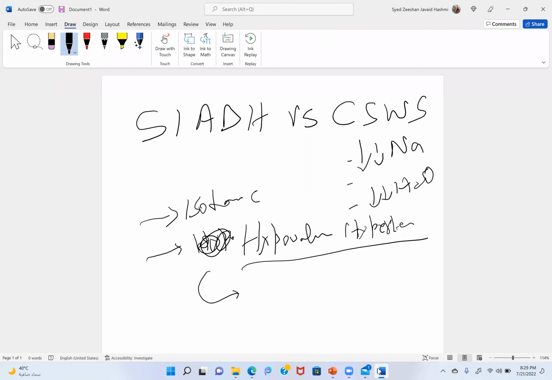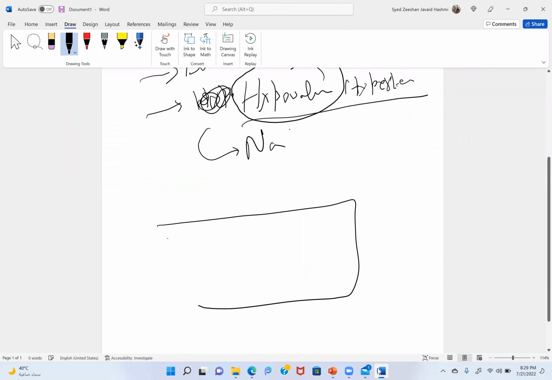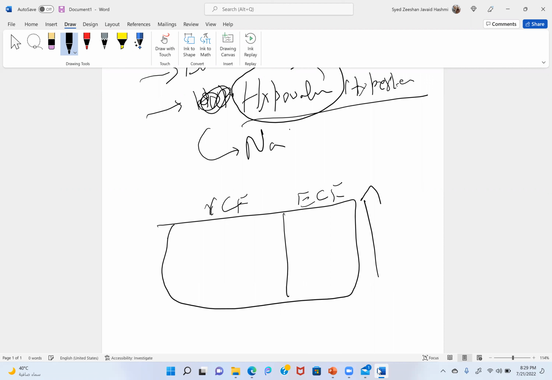Sir, we will give water. No, not only water. We will give normal saline because there is hypovolemia. I will explain why. This is ECF and this is ICF, this is osmolarity and this is volume.